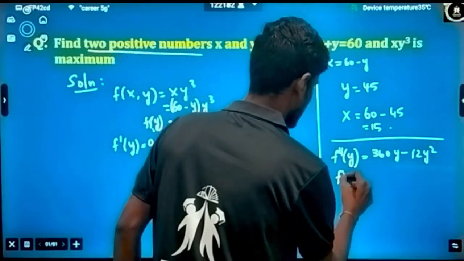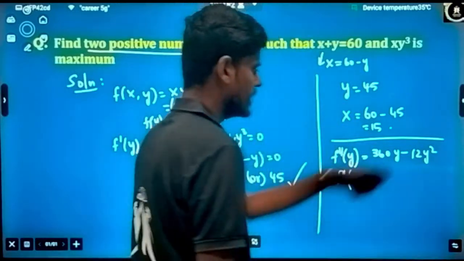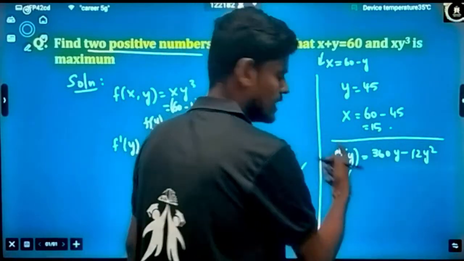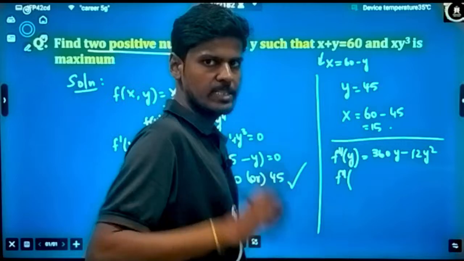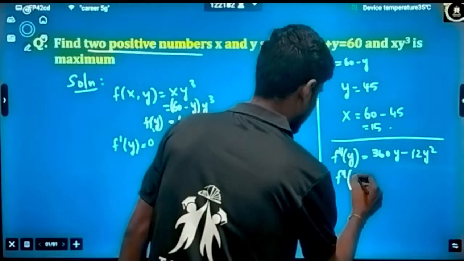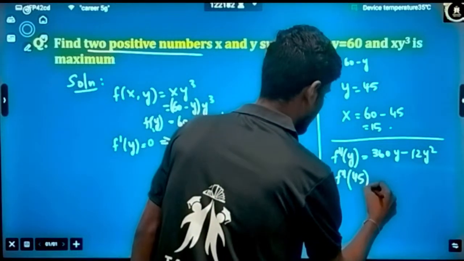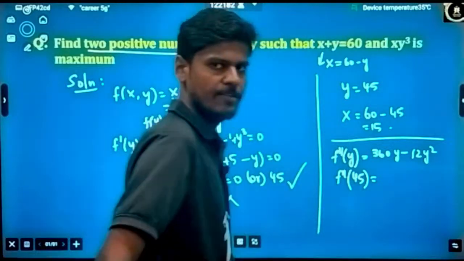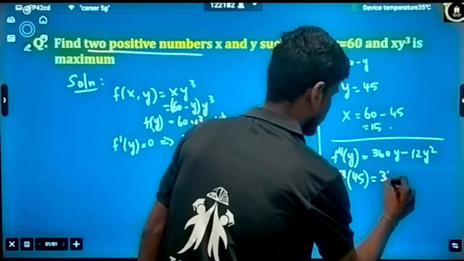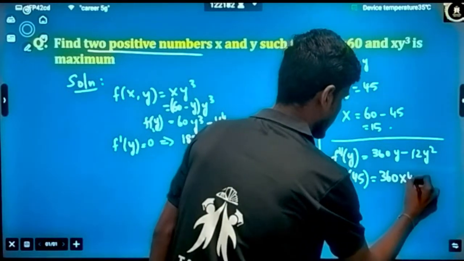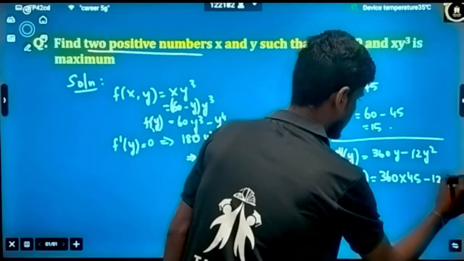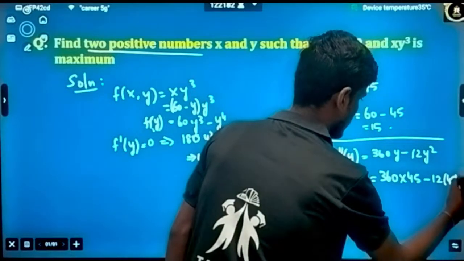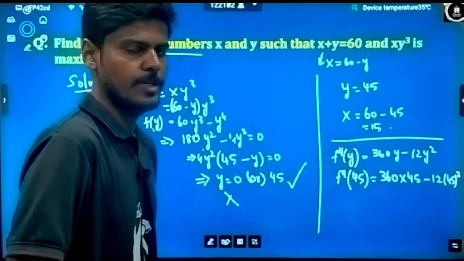So f double dash at 0 will obviously be 0. That means when f double dash is 0, it is neither maximum nor minimum. And f double dash at 45, just substitute the value: 360 into 45 minus 12 into 45 square.